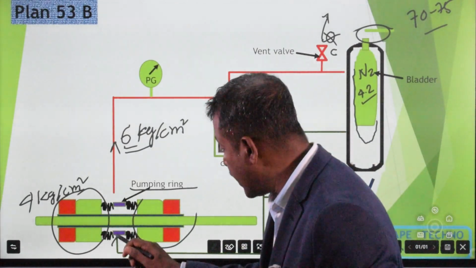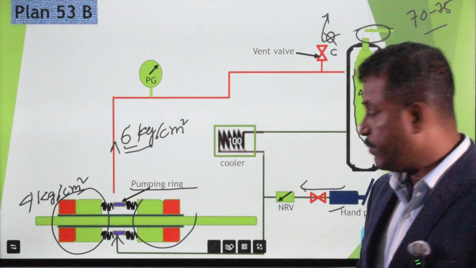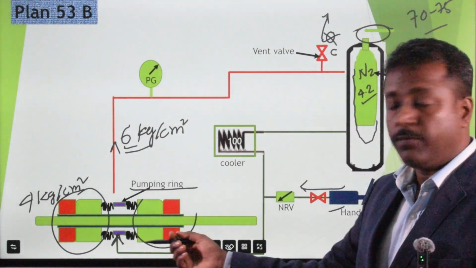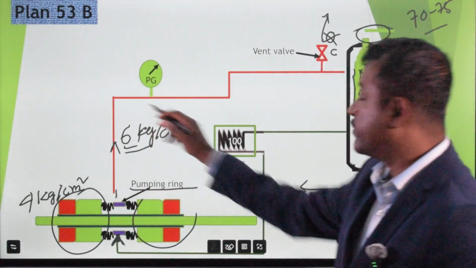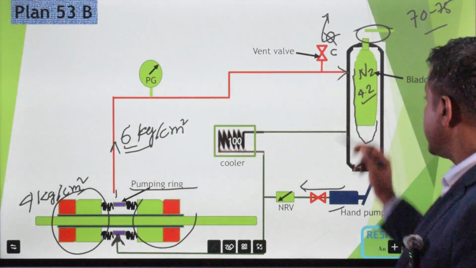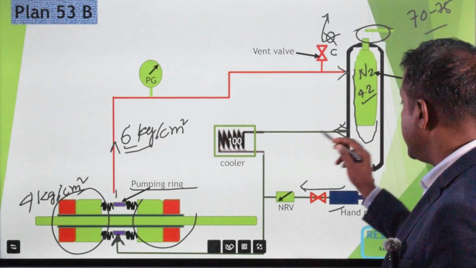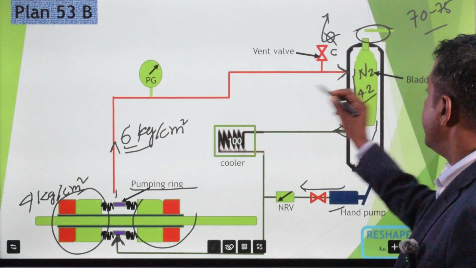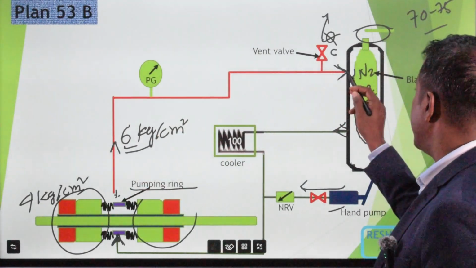In between primary and secondary, we provide the barrier liquid. Barrier liquid is introduced into the bottom of the gland plate and taken out from the top of the gland plate. And for the accumulator bladder, from the seal pot we generally take a tapping from the bottom, and from the gland plate to the seal pot at the top.